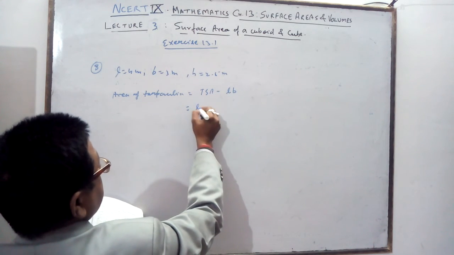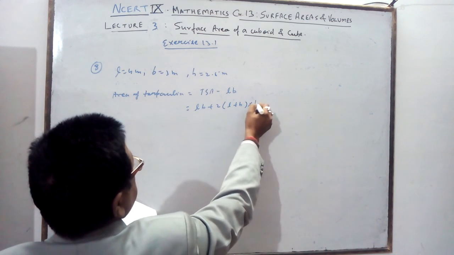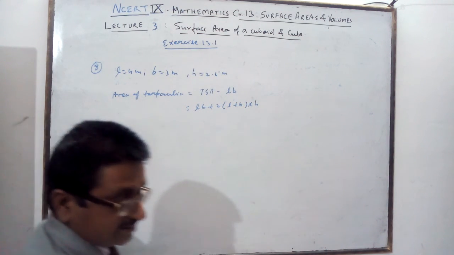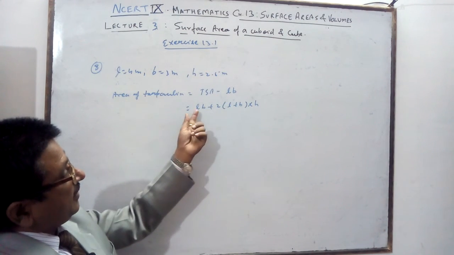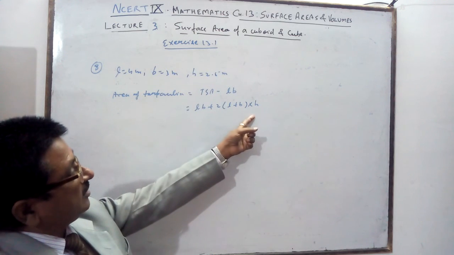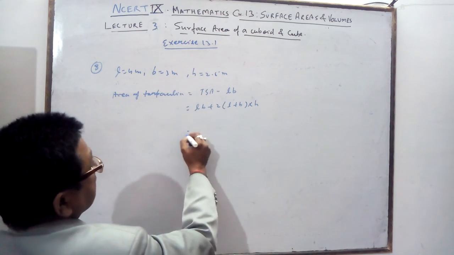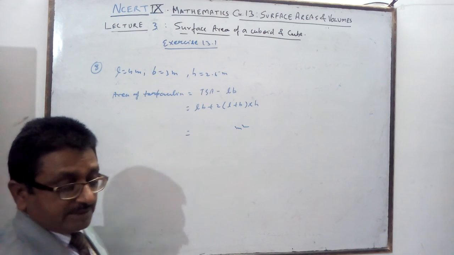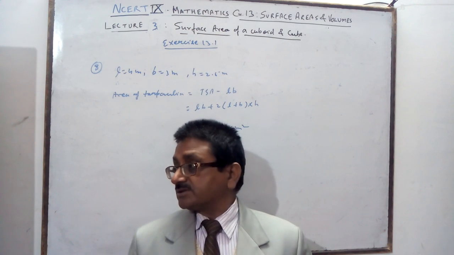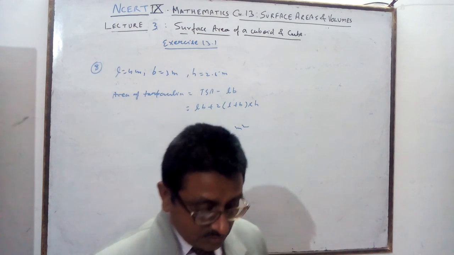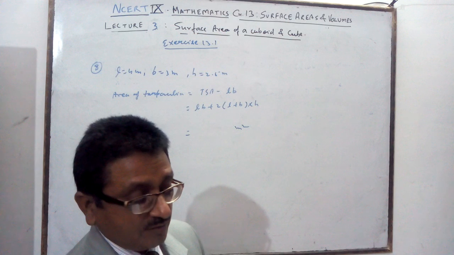TSA minus LB means LB plus 2(L plus B) into H: the area of 4 walls plus the top. You can write it like this also, both are the same thing. LB is 1 top plus 4 walls, or total surface area minus the base. Put the values and the answer is in meter square. This is the tarpaulin required to make this box. Very simple. I hope all of you understand this, and it is exercise 13.1.